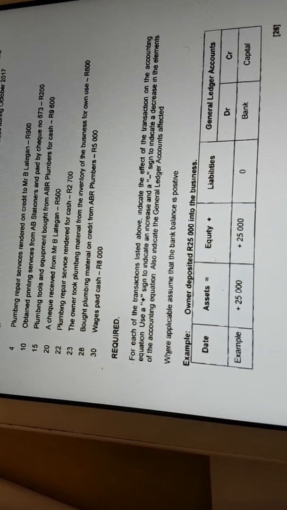You will see on equity we have stationery under the expenses. So it means stationery is an example of expense. So maybe they were printing pamphlets, so pamphlets will be part of stationery. So stationery is an expense.